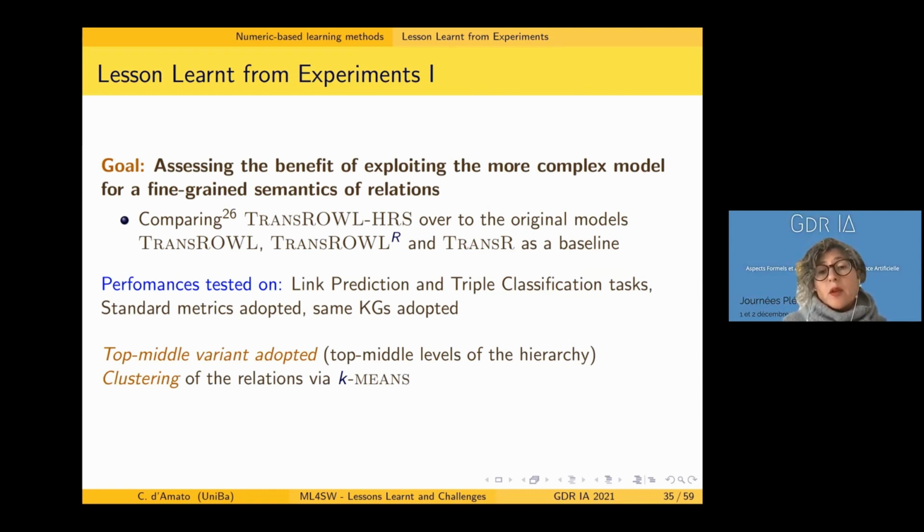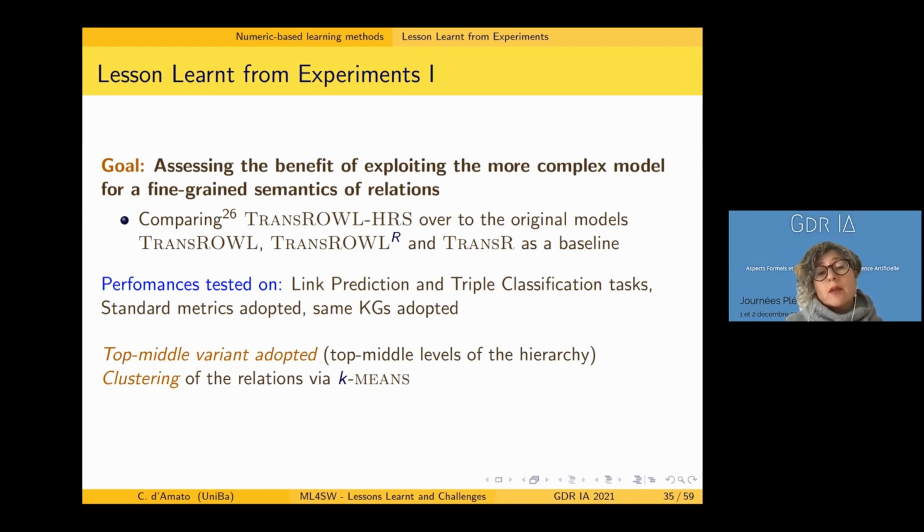We adopted the very same knowledge graphs, link prediction and triple classification tasks, and of course, standard metrics have been adopted for evaluating the performances. Here, it is important to make clear that we adopted for the experiment one of the variants suggested by Zhang and colleagues, which is the top-middle variant.